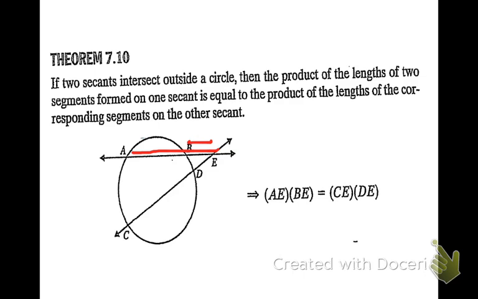So it's AE times BE will equal CE times DE. Right? And so that's how that theorem works. Okay? We'll do an example here in a second.